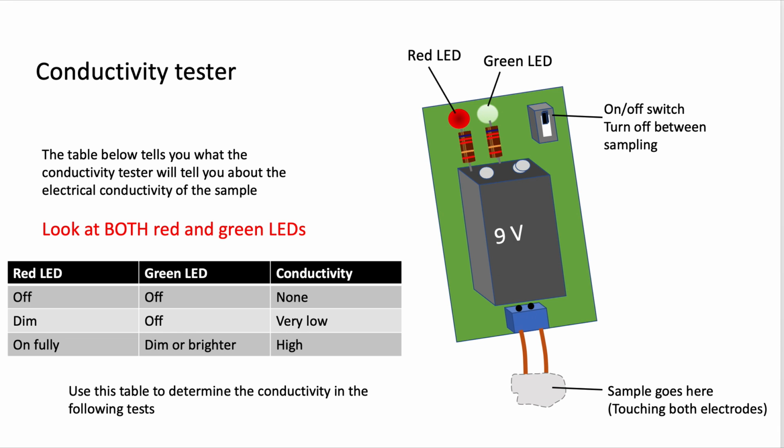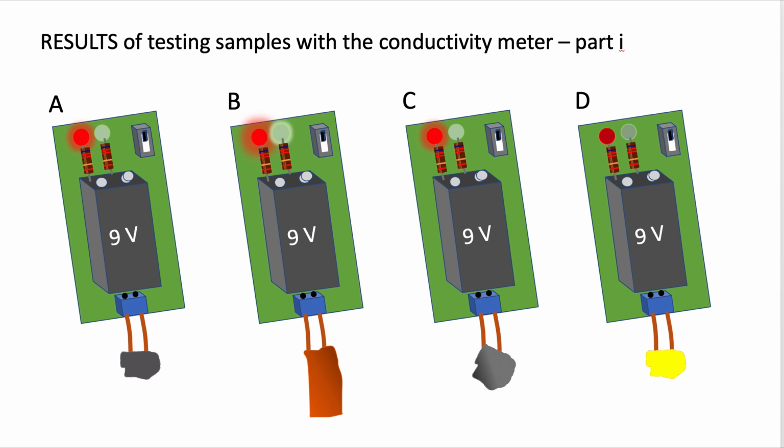And then you're going to look at the results of each one, the 7 samples. And the little glow around the LED, and in some cases not much of a glow, is telling you that you have conductivity and that light is lit.